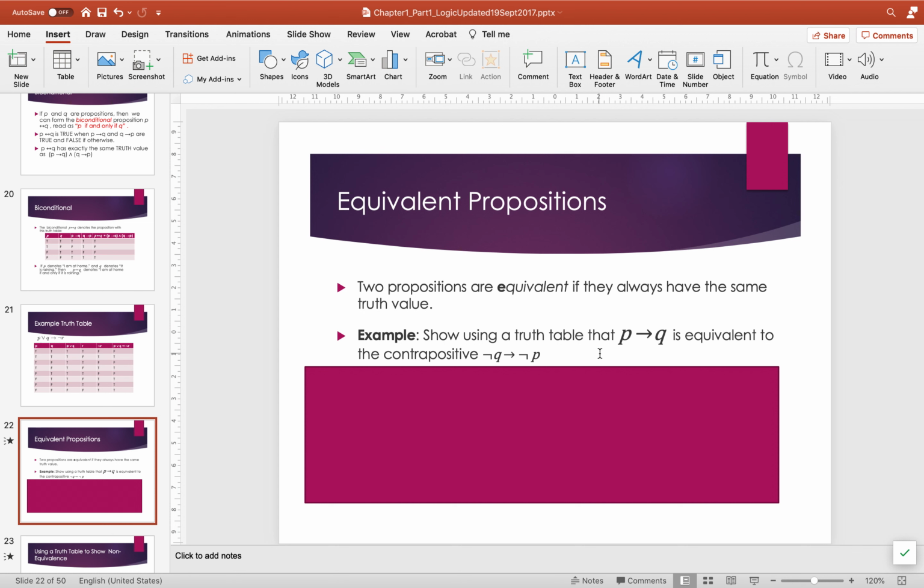So based on this question, these two statements, these two compounds, must be equivalent. It's just that they ask you to show. Okay, so if let's say when you do it, suddenly you cannot get equivalent, then you must make sure that they are equivalent. Okay, like that. So if you look here, this is the statement, right? If P then Q, and then the contrapositive value.